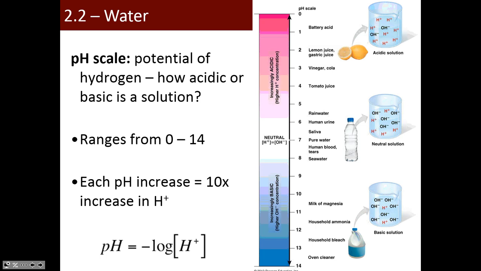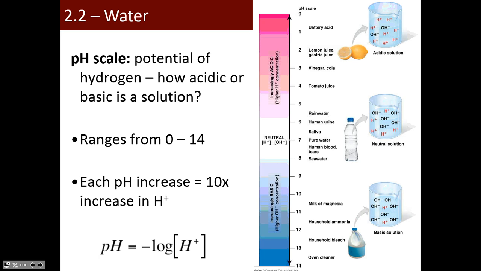Okay. So we use the pH scale to measure or to communicate how acidic or basic a solution is. And pH means potential of hydrogen. So again, we're focusing on the hydrogen ions. Do we have more hydrogen ions in pure water or fewer hydrogen ions than pure water?